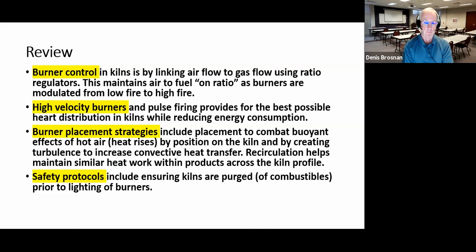Generally the flame or the combustion takes place in firing lanes or open spaces where the product is not set, so that we avoid flame impingement. Index fire is one of the ways that we accomplish that in tunnel kilns, with the burners being cut off as the product is being moved under the burners, with the firing resumed once the kiln car is in position, so that there's no flame impingement.